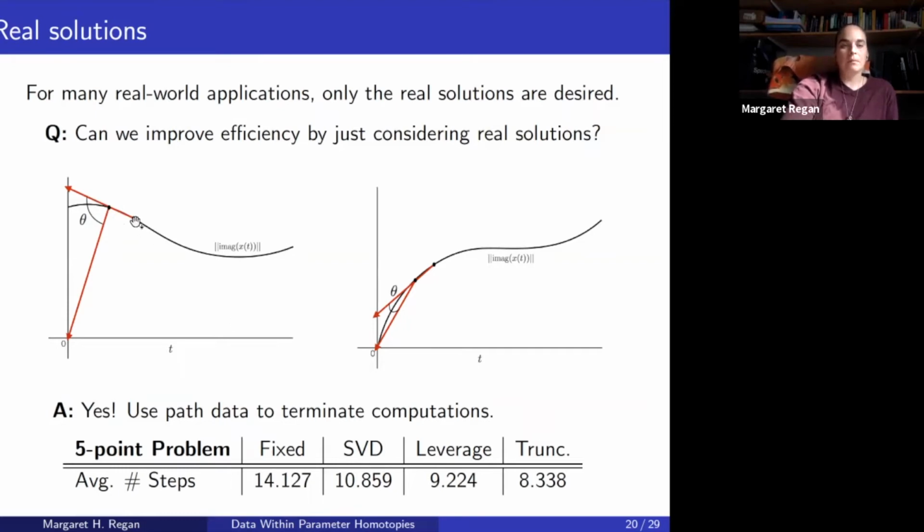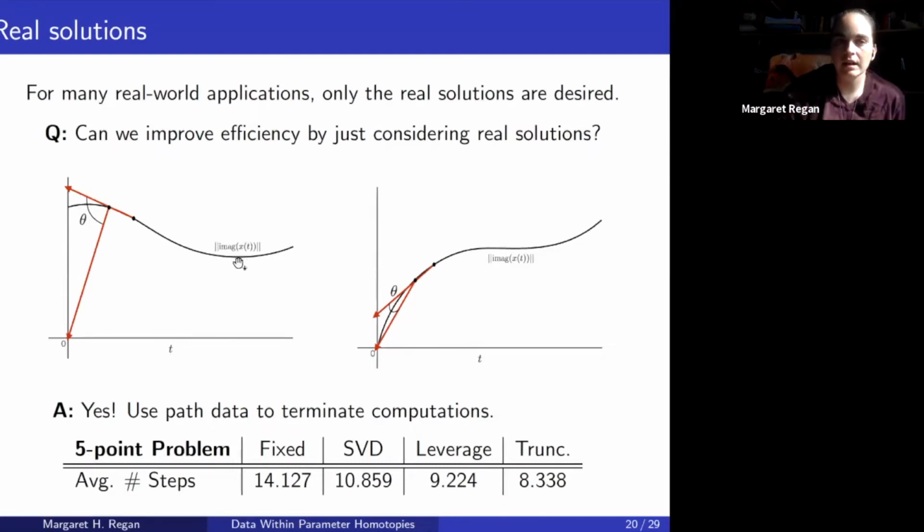And if at one path point we project to the next one, and we look at the angle between this projection vector along this path, so the tangential vector, and then we take a vector from this point to 0, because if our solution on this path is going to end up real, this imaginary part is going to be 0.